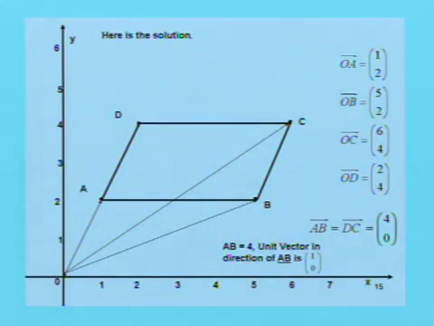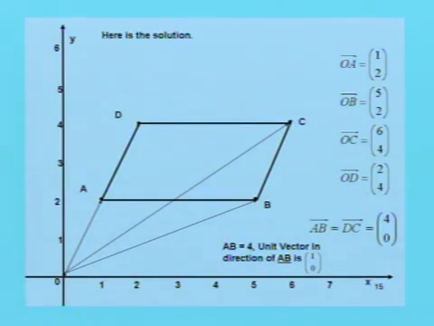OB, we go 5 places to the right, 2 places up. OC, we go 6 places to the right, 4 places up. So the vector OC is (6, 4). Vector OD, we go 2 places to the right, 4 places up.